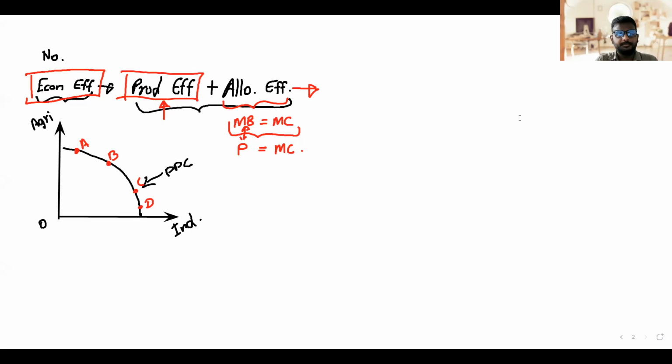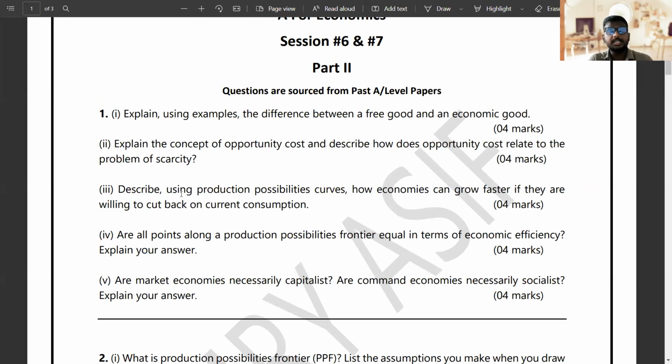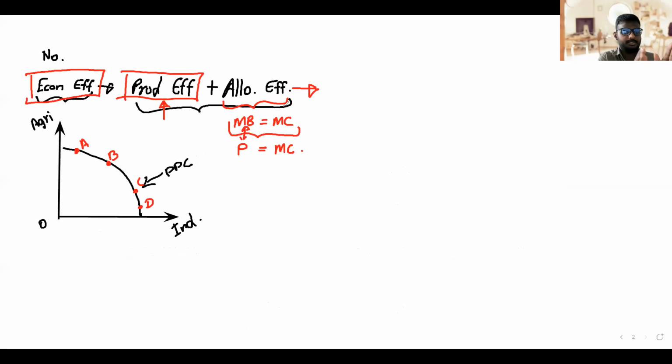As you can see, the question is: are all points along the production possibility frontier equal in terms of economic efficiency? No. You start with a no, and then you say economic efficiency is maximized when productive efficiency and allocative efficiency are achieved at the same time.